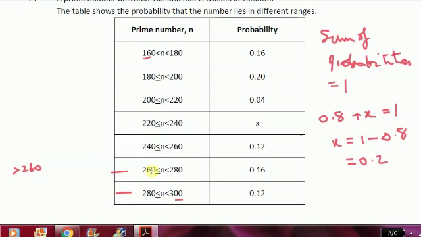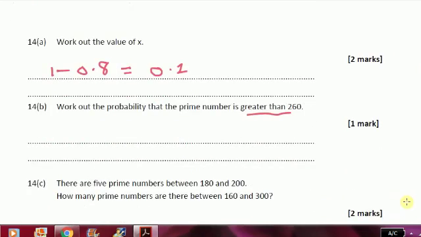So the first one that could possibly be would be 261 or 263 or something like that. So 260 cannot be, so it's okay. It's going to be bigger than 260. So we've got to combine these two classes, 0.16 plus 0.12 will give us the probability of being in one of those two classes. 0.16 plus 0.12 equals 0.28.